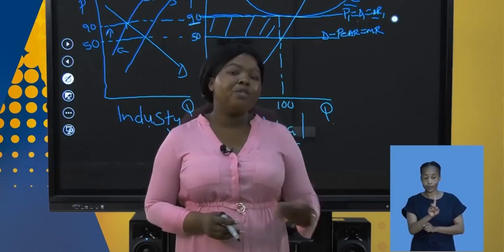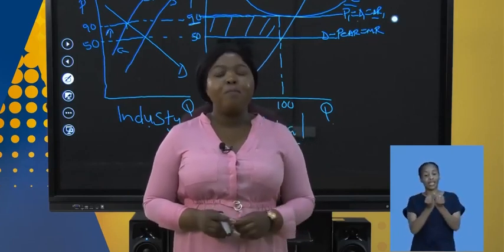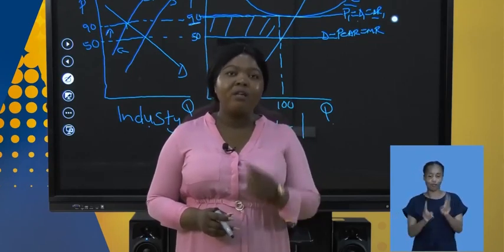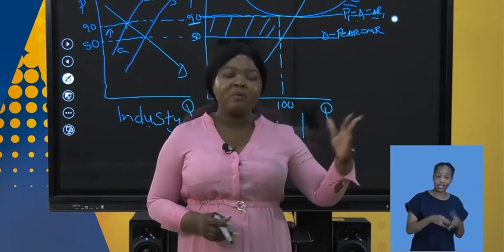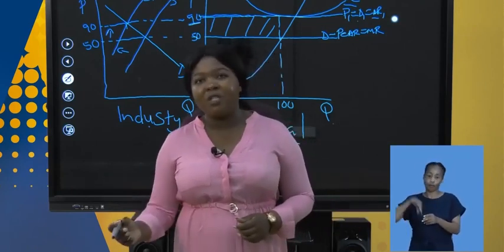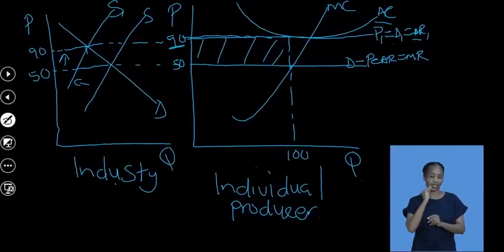So what is the conclusion, boys and girls? In the long run, a perfect competitor will always experience normal profit, whether you start by experiencing economic loss or economic profit.